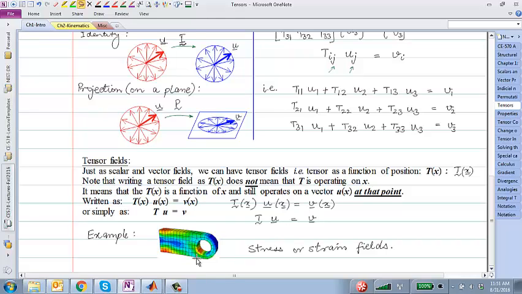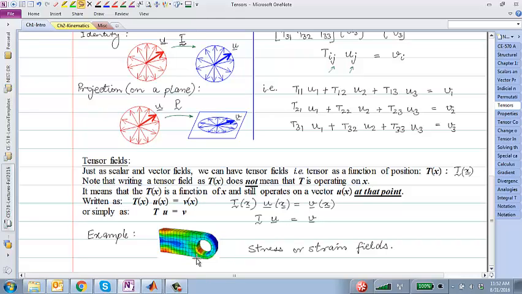Scalar fields can be represented with a color. For example, temperature is a scalar field. If I draw temperature as a scalar field, then red areas could be hot, blue areas could be cold. In the same way, if you pick a specific component of a tensor, one of those 9 components or some other scalar measure of it, you can plot that as a color map over the entire body.